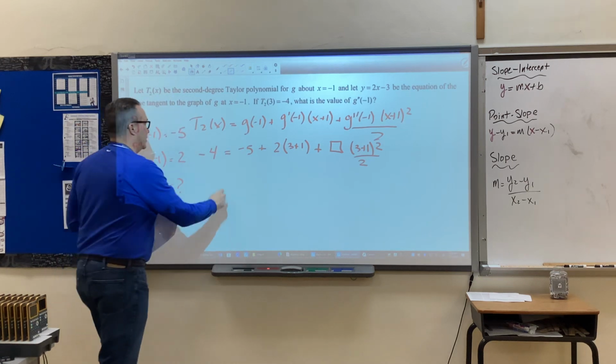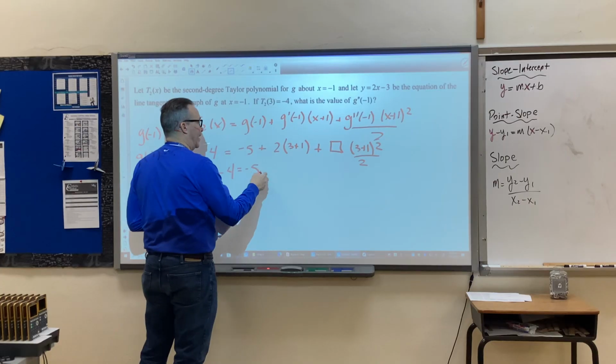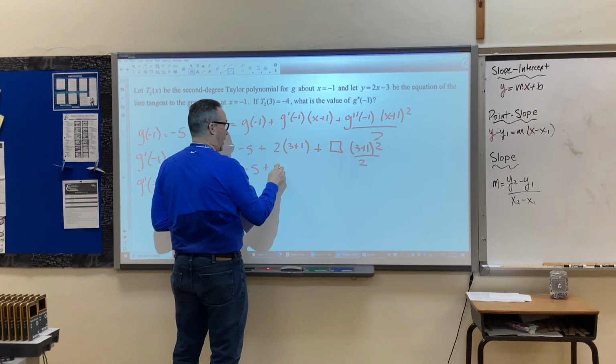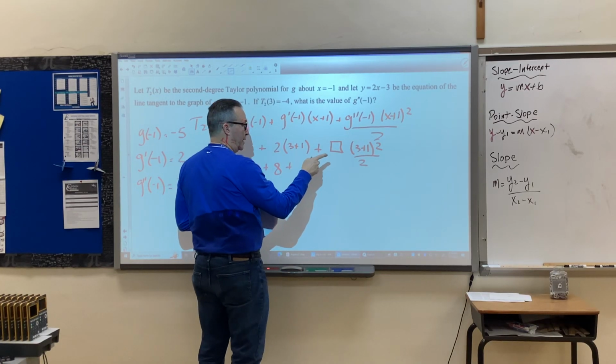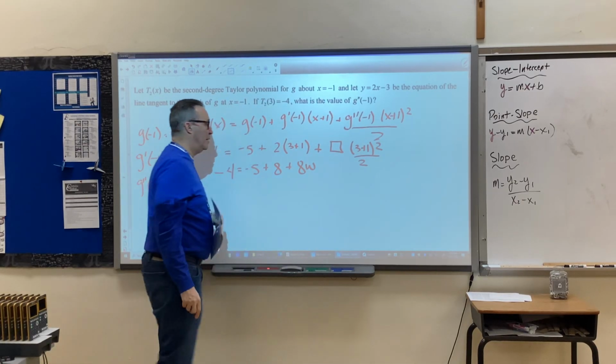So that's negative 4. That was negative 5. I guess I could simplify it. Plus 8 plus 16, 8W. Solve for W.